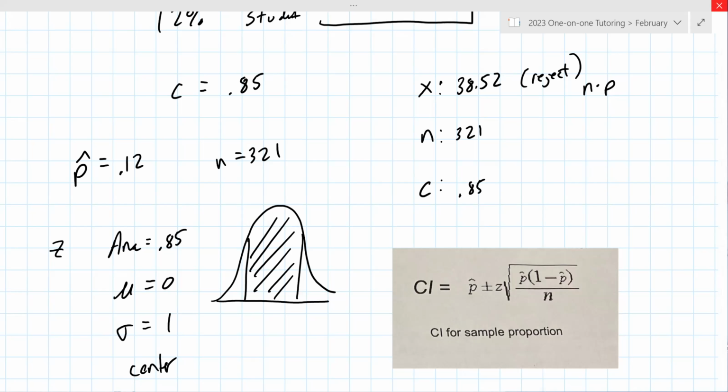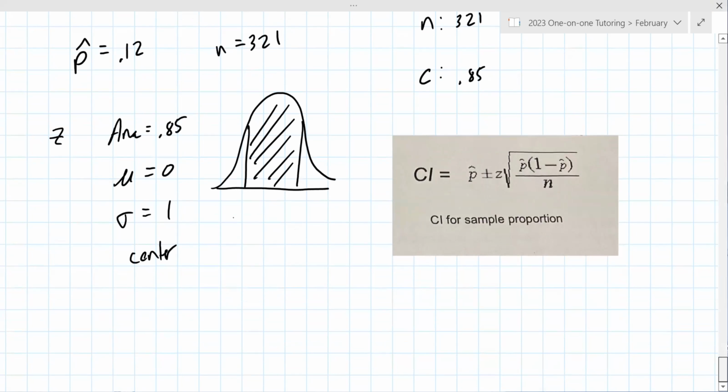Let me know what you come up with. I got negative 1.439. That's correct. So it's typical to go to about 2 decimal places.